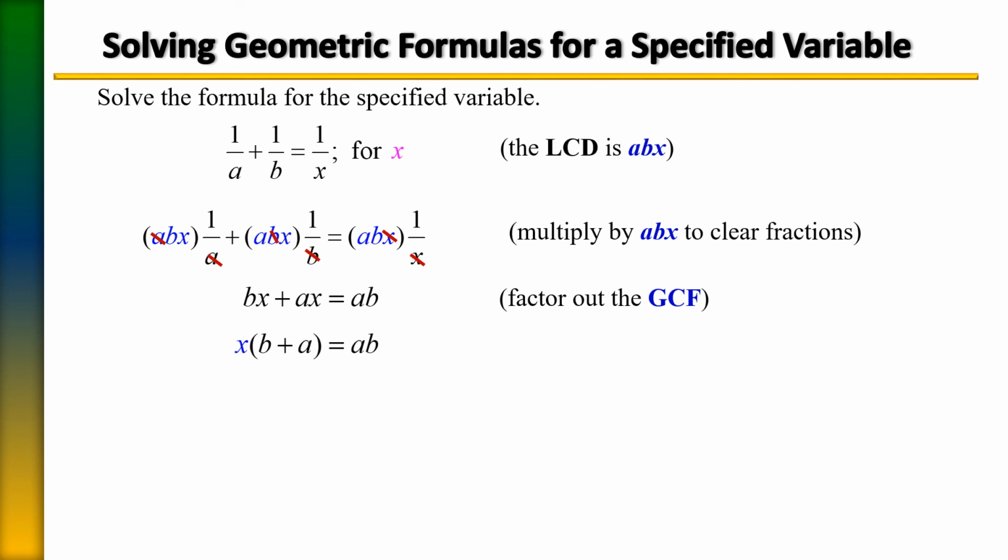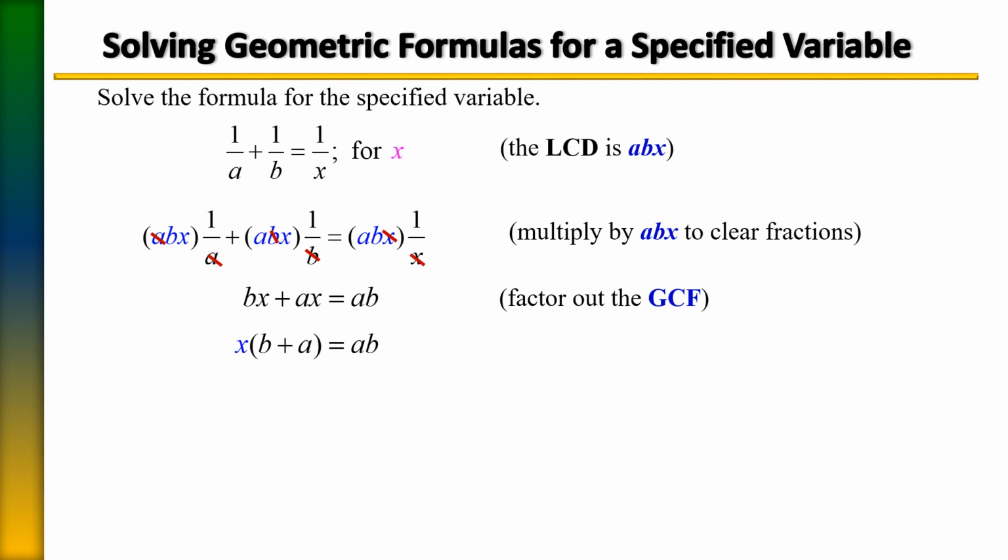Well, guess what? We have one last step and we're done with this problem. How do I get X by itself? Who's on the side with X right now? Well, I see that B plus A is on the side with X and is being multiplied with X. So in order to get rid of B plus A, I've got to do the opposite of multiplication, which is to divide.